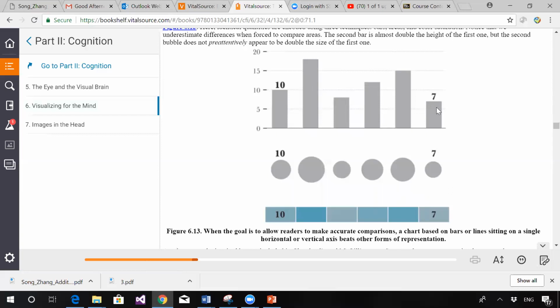If we design using the size of the shape to represent the number, then the 7 and the 10 seem to be identical, right?